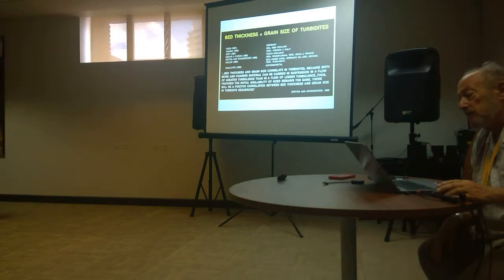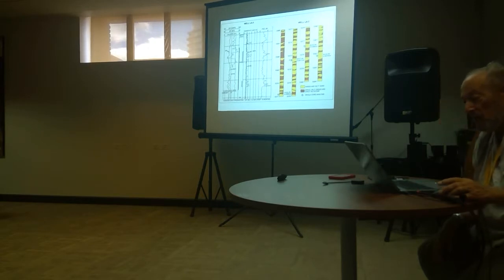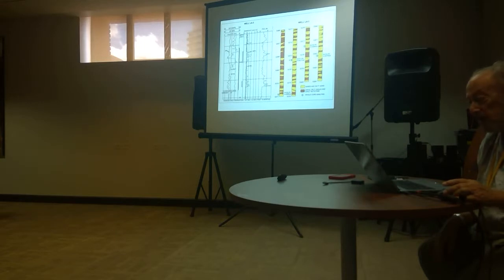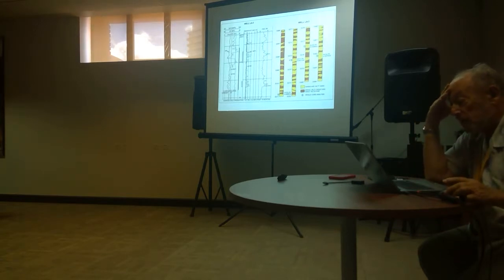And let me show you an example of that. Here we have a Gulf of Mexico well log, and that interval was cored. The black line here is core, where core was taken, and here's the core description.